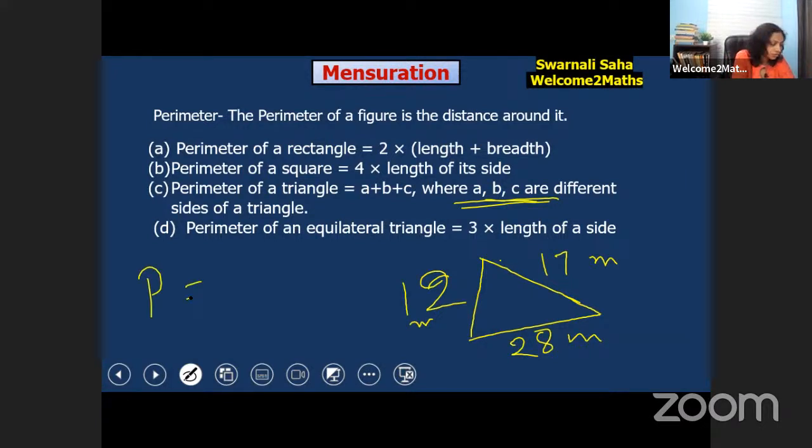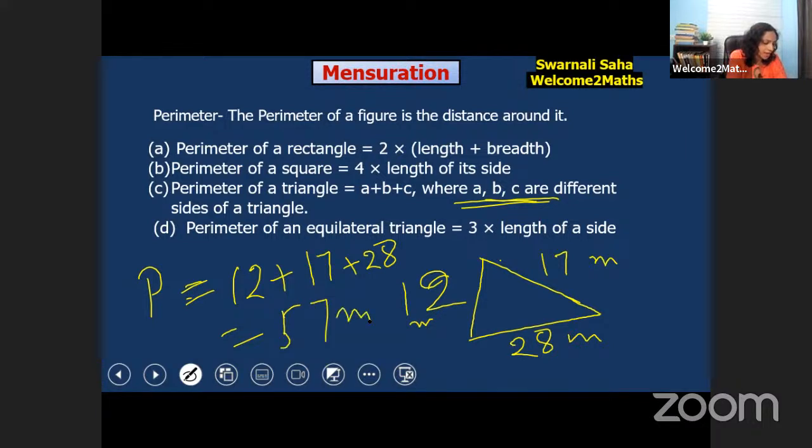Because the sides are different, we have to add all of them: 12 plus 17 plus 28. Yes, very good. It's 57 meter.